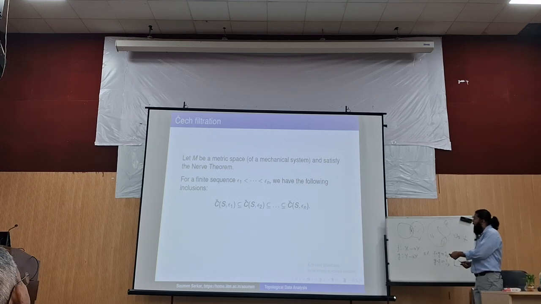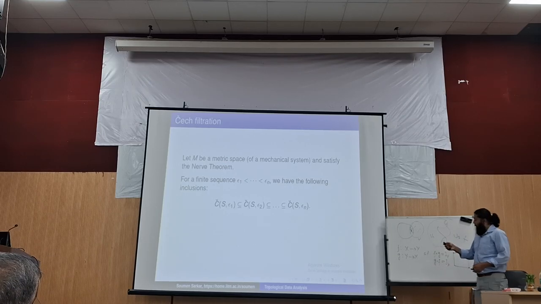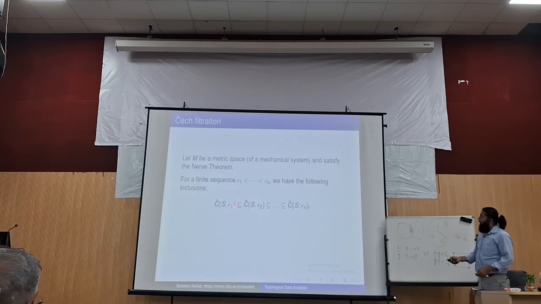So how far should we go? That means what choice of epsilon 1 or epsilon n we should have. It depends on the shape of the data. But how to determine that? Our goal is to determine the shape of the data, right? So we have a data set, and we make these complexes one by one.